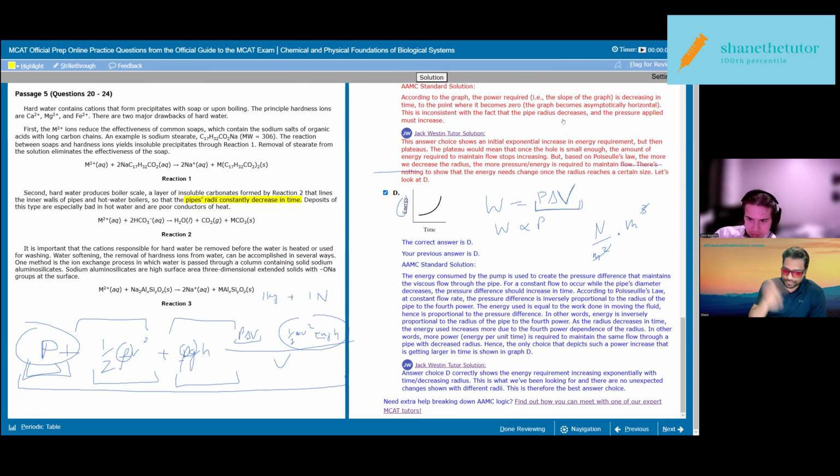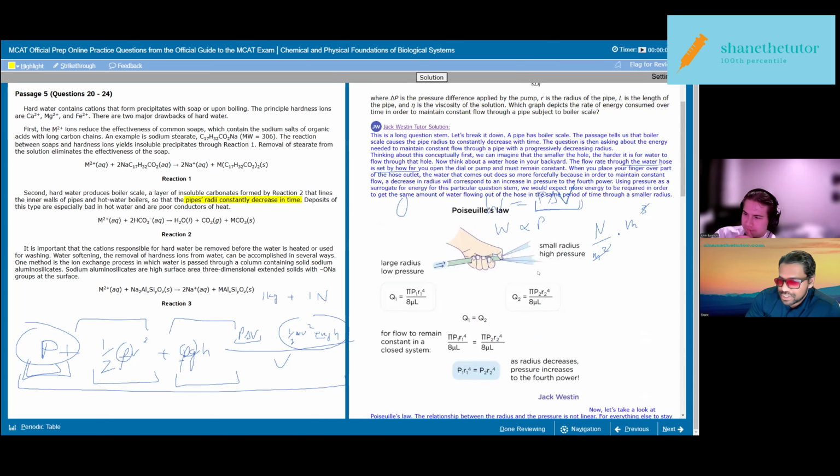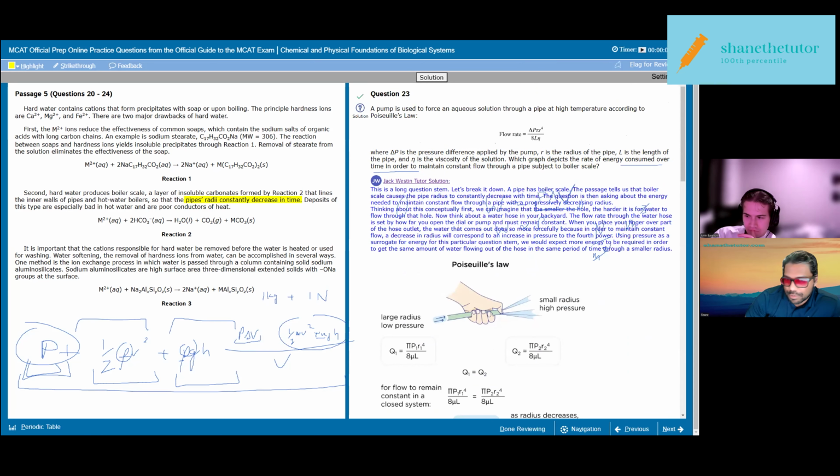So I knew that the change in pressure from Poiseuille's equation is inversely proportional to the radius to the fourth power, and they said over time the radius decreases. So over time, the delta P should increase, and we use delta P as a proxy for energy.